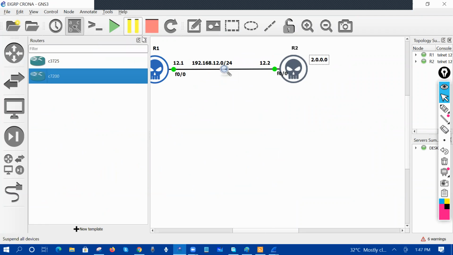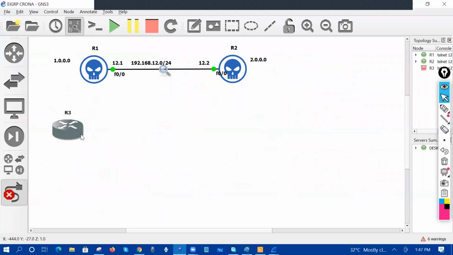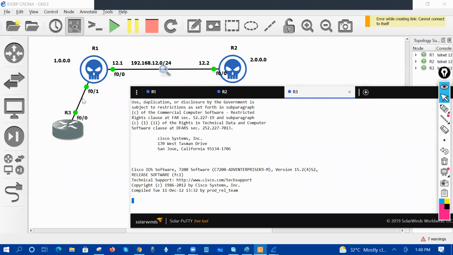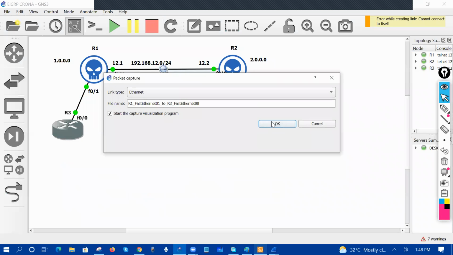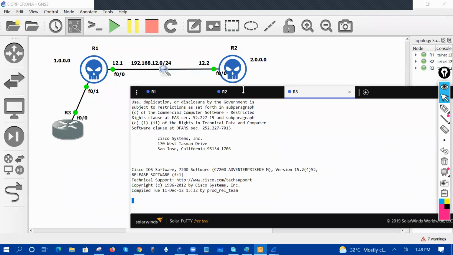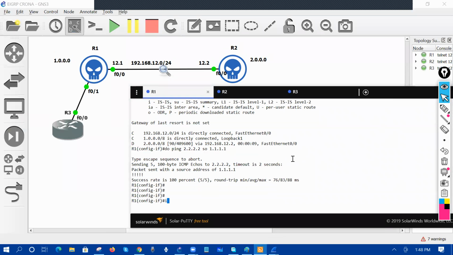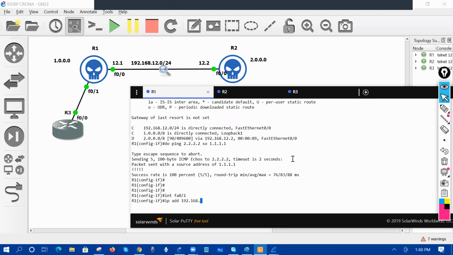If you have a look over there, I'll do one thing. I'll connect a router with IOS version 15.0 over there. Interface 0/1 IP address will be 23.13.1/24.